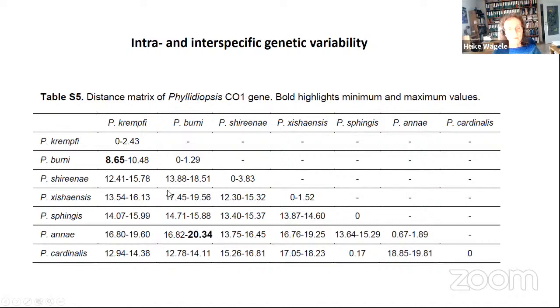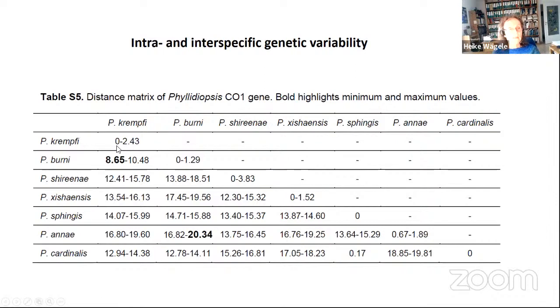This table helps you to see what is the general intraspecific variability and the interspecific variability. And then it helps you when you have, for example, one specimen, to see, is this really a different one, or does it come up inside? Maybe you have a misidentification and the genetic distance of this misidentified specimen lies inside, comes up in the monophylum of krempfi, and then you can look specifically at the intraspecific variability and see, oh yeah, it must definitely be a krempfi.